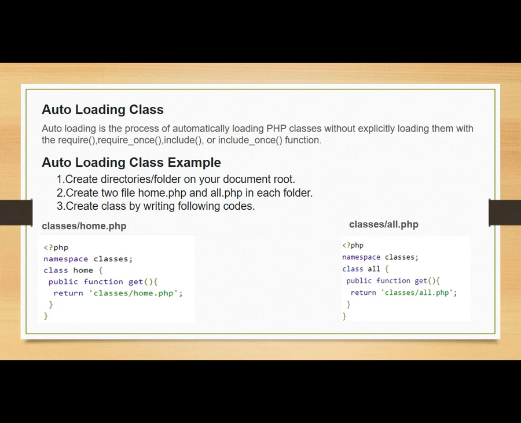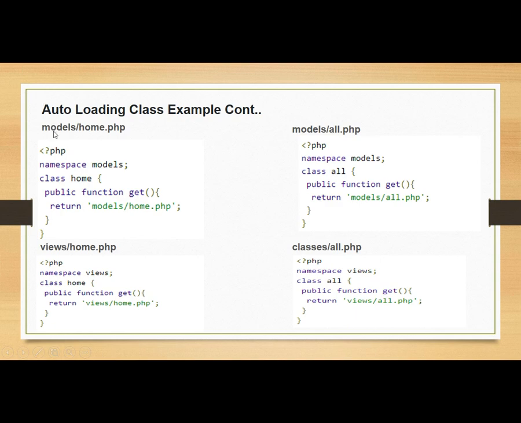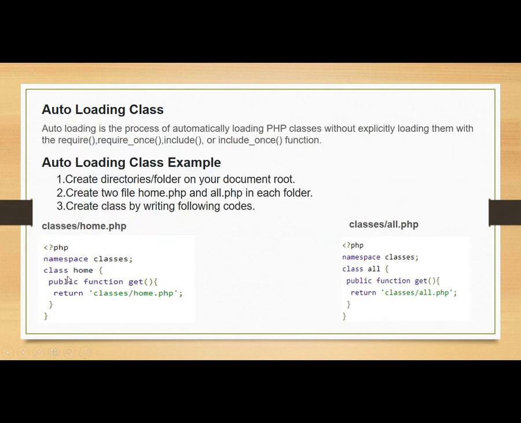A simple example I have demonstrated over here. For writing this particular example, first you have to create three folders, that is a classes folder, another a model folder, and the third a view folder. Then inside the classes folder create files called home.php and all.php and write down this line of code inside them.